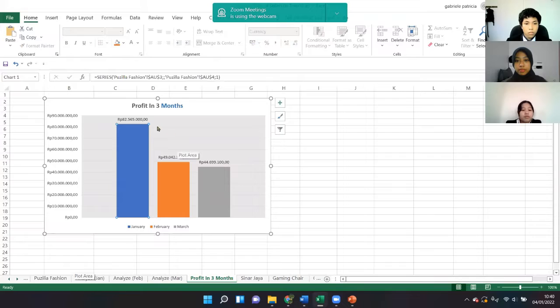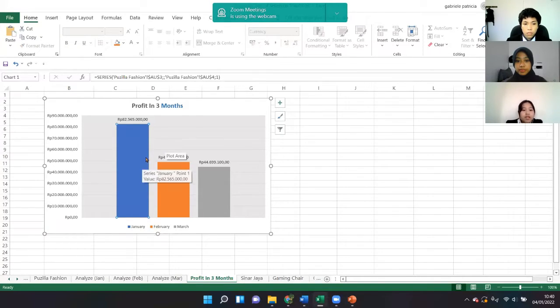Next is the profit in 3 months, worksheet and table. This table is needed to view product profit data every month from each seller. This table was created to make it easier to see the progress of sales profit for each seller by month.